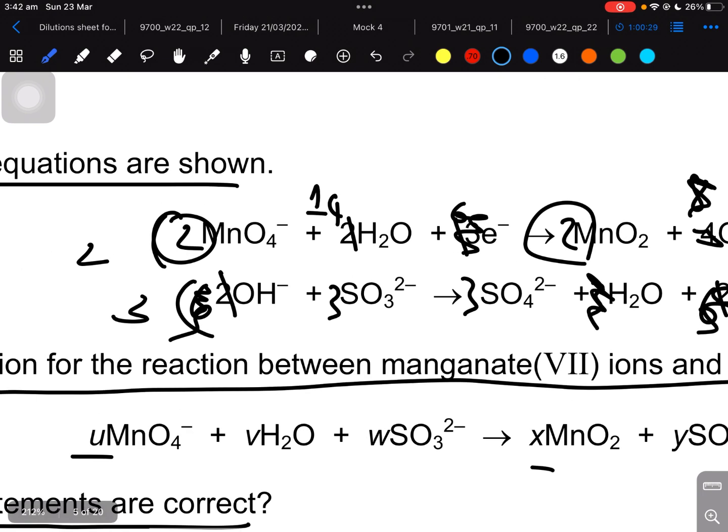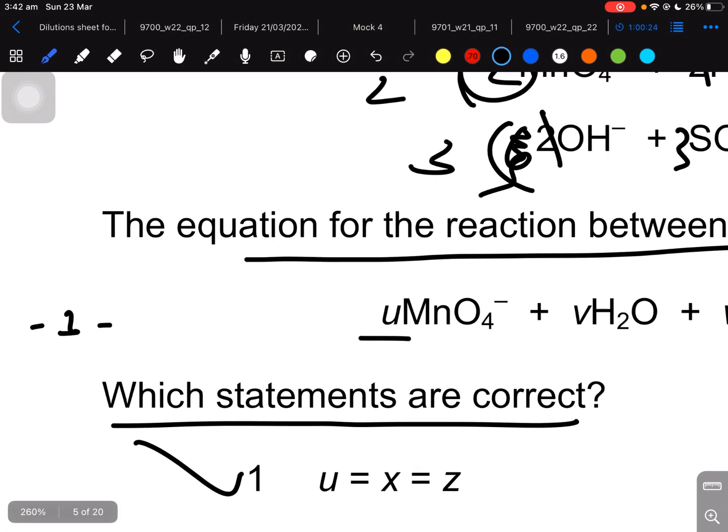Manganese here has an oxidation state of, if we calculate, -1 equals x plus 4 multiplied by -2.